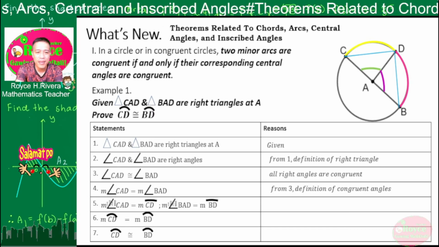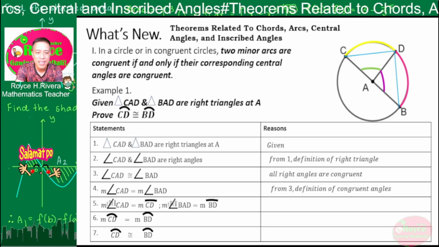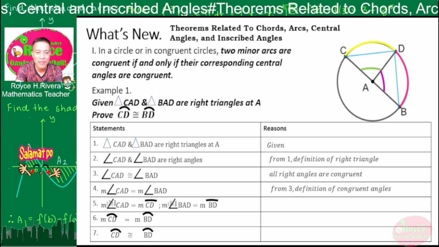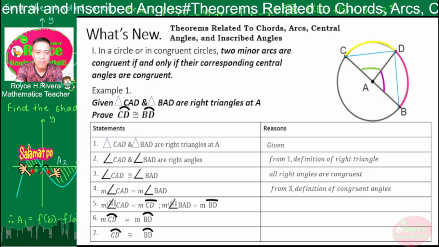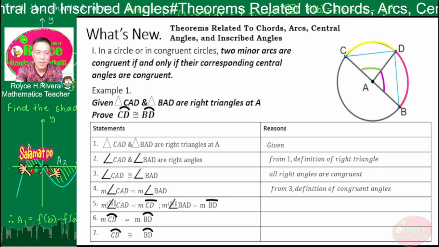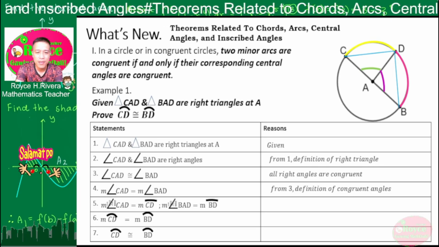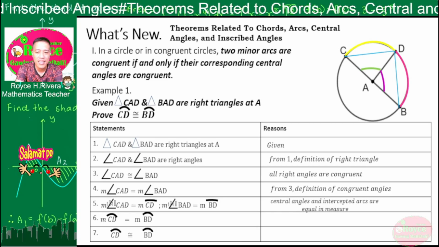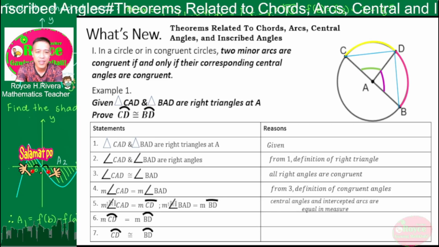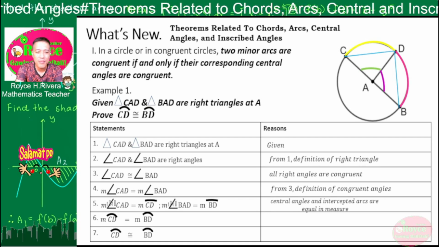Statement number 5. The measurement of angle CAD is equal to the measurement of arc CD, and the measurement of angle BAD is equal to the measurement of arc BD. For the reason, central angles and intercepted arcs are equal in measure. Statement number 6.